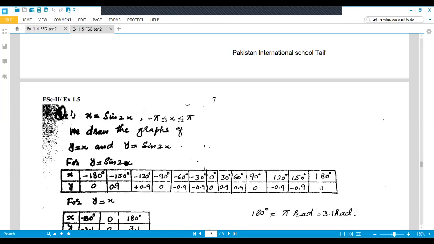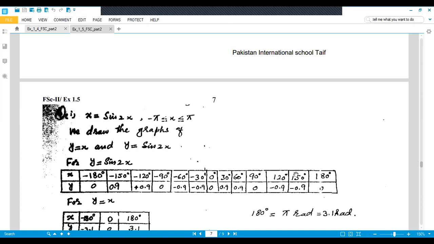When you put minus 60, 60 multiplied by 2 is 120, and sine 120 is equal to 0.9. When you put minus 30, 30 into 2 is 60, and sine of minus 60 is minus 0.9.